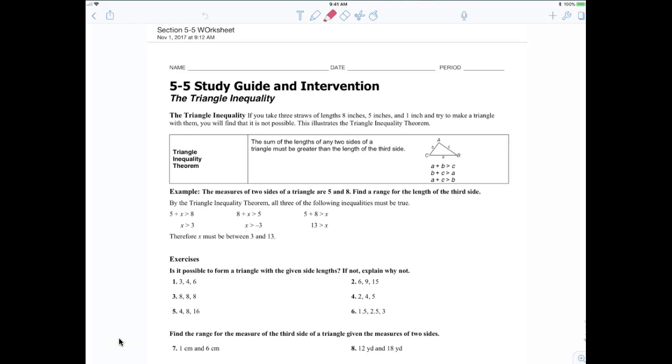Two sides added together. Let's say this is 4 and this is 5. That length is 9. So the third side is less than what? Less than 9. So the third side is less than the sum. Do we agree?